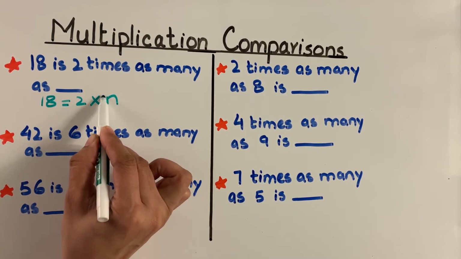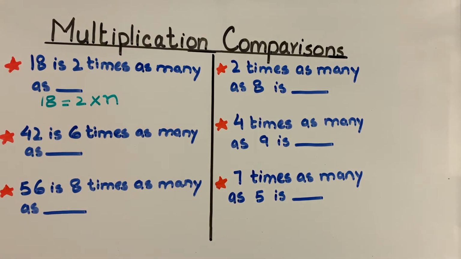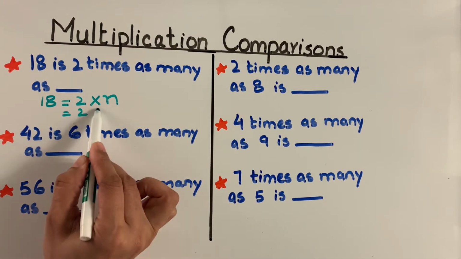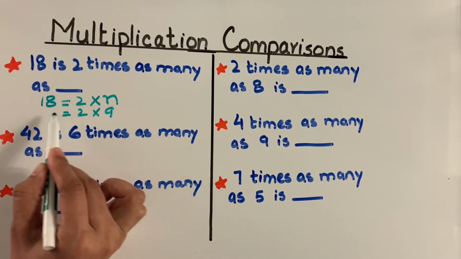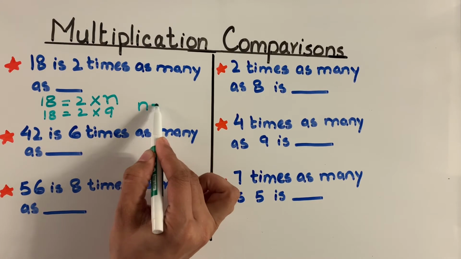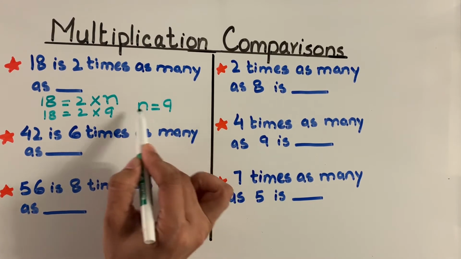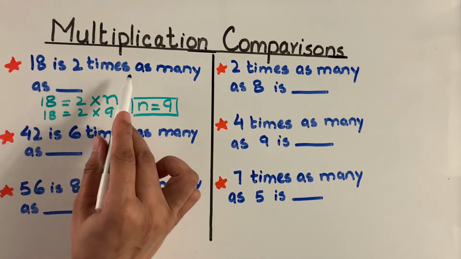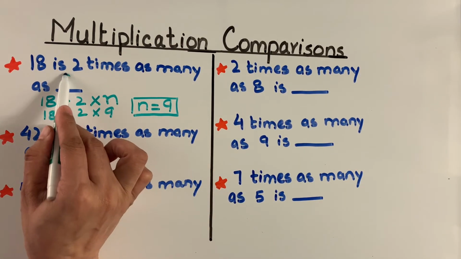So I'm going to write n here. We all know that 2 times 9 is equal to 18. So the value of n is 9 here. 18 is 2 times as many as 9.